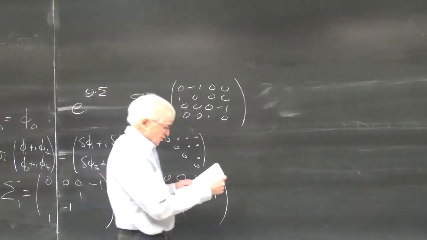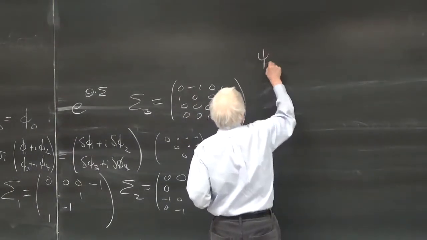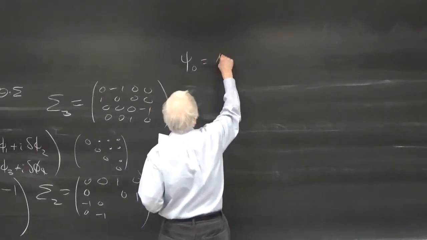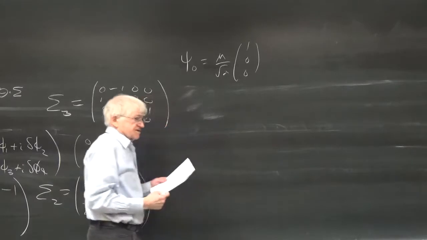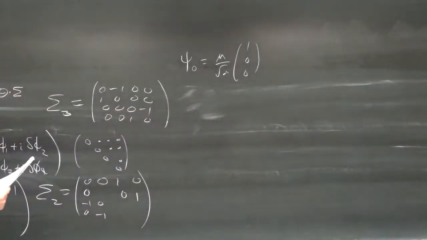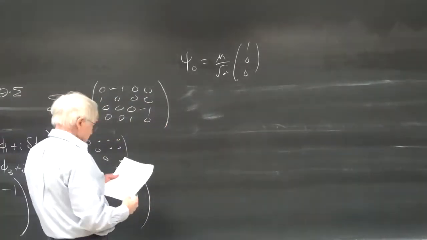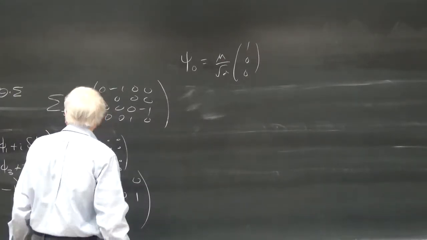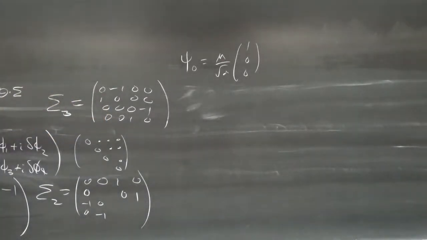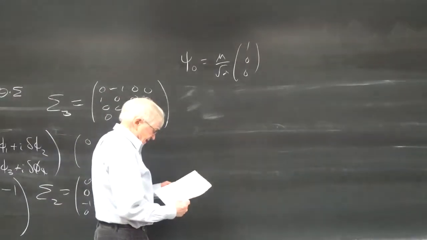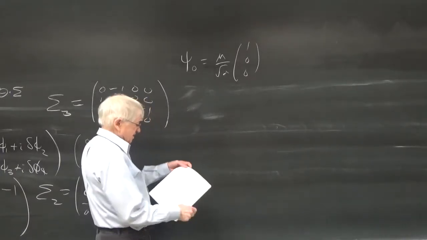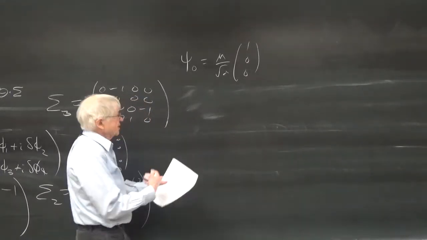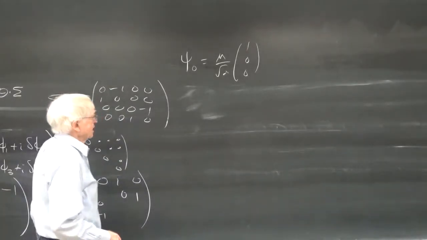Suppose we look at SU3, then the vector might be mu over square root of lambda, and again one could set it to be (1, 0, 0). Now, if you recall the generators of SU3, there are 8 generators, and unfortunately I didn't print them out here.